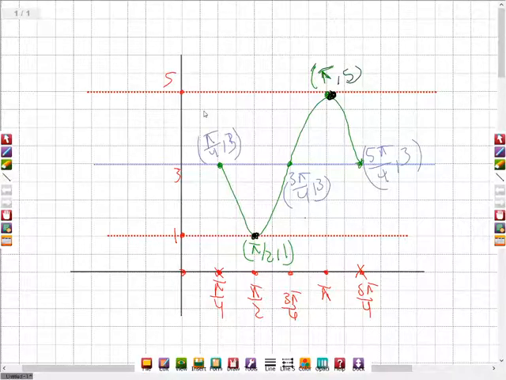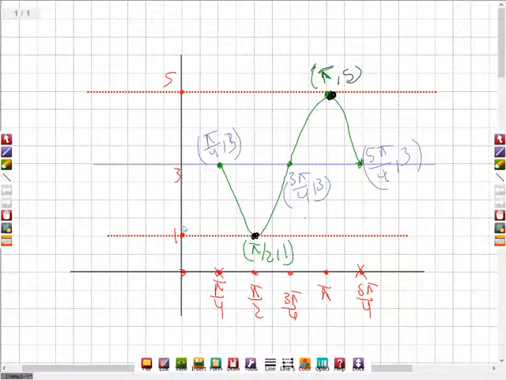Please do that. Now, the first value, pi over 4 and 3, it's here. The minimum I left in green here. You see that? Pi over 2 and 1. 3 pi over 4 and 3. Pi and 5. 5 pi over 4 and 3. Then connect all these points, from here to here to here.